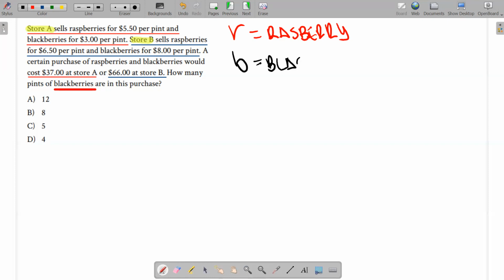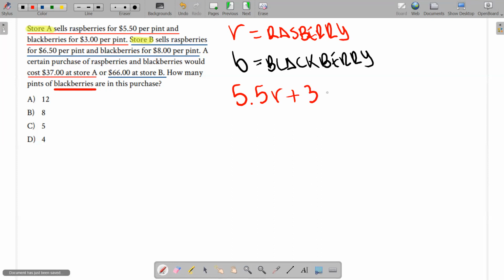Now, the first equation, the first sentence, could be rewritten as 5.5 multiplied by R plus 3 multiplied by B would be the cost that you would have if you buy raspberry and blackberry by the pint in this store.